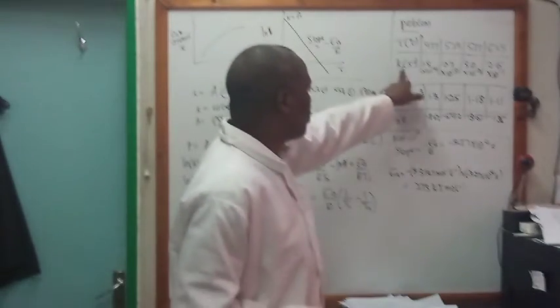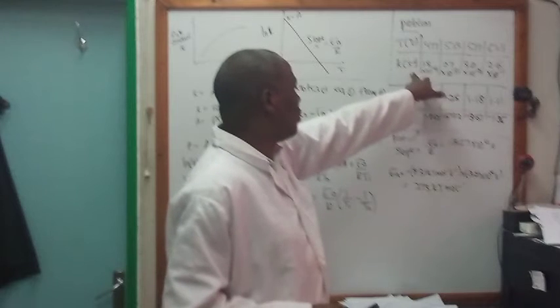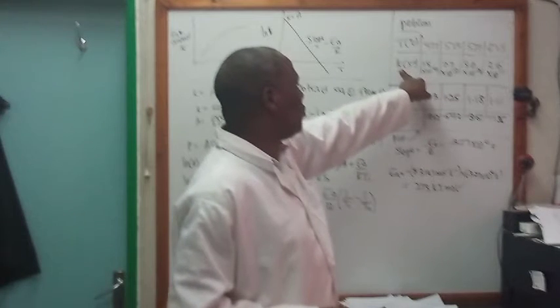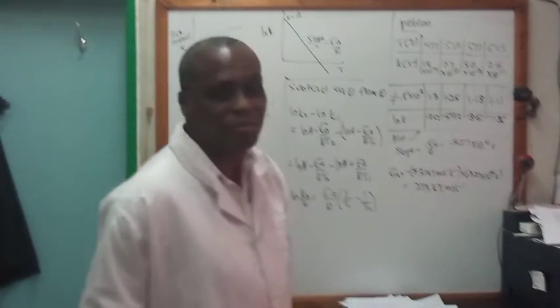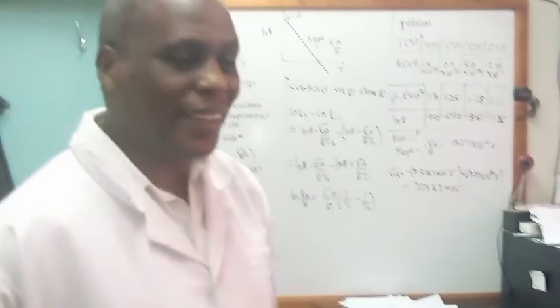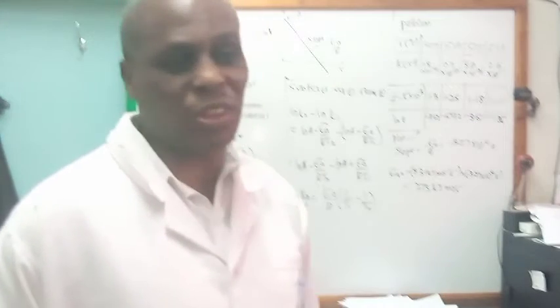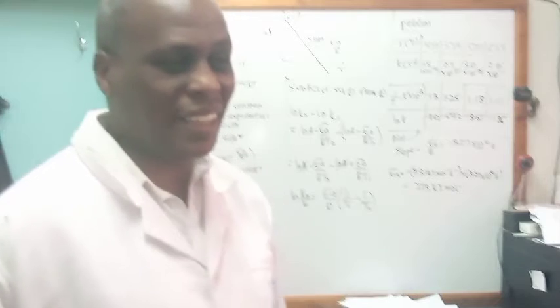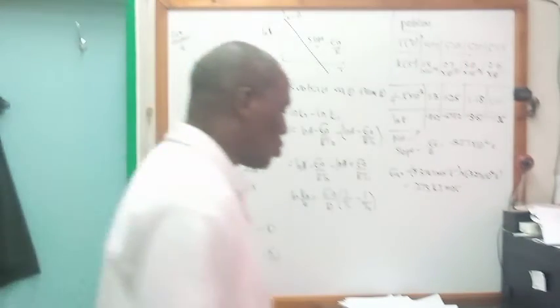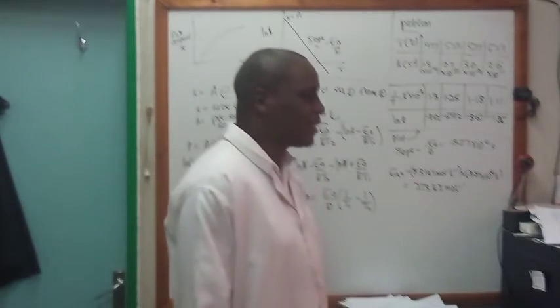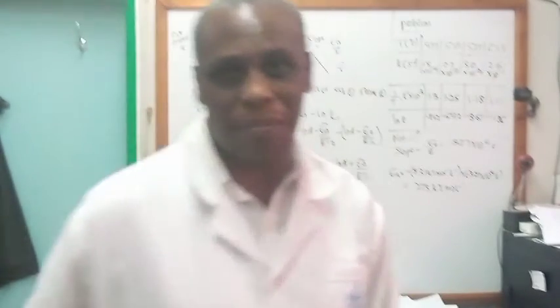And then you're simply going to take the natural log of the rate constants. If such a situation is going to happen in an exam, like in a CAT or an exam, you're going to be given a graph paper.